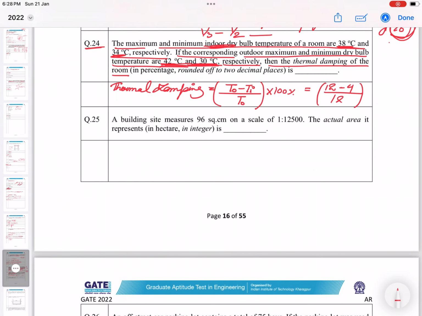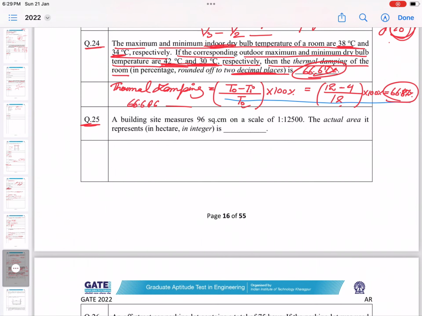So 12 minus 4 divided by 12, outdoor 12, into 100. So the answer comes up to 66.67%. That is the answer, since they are asking for 2 decimal places. The answer is actually 66.6666 and it goes on and on.